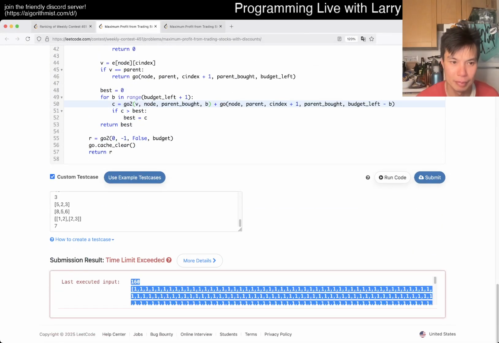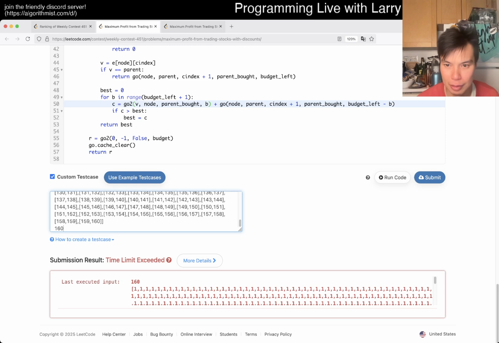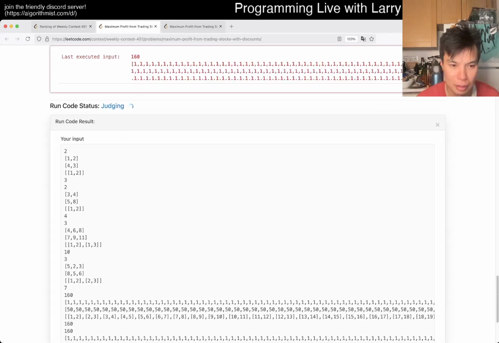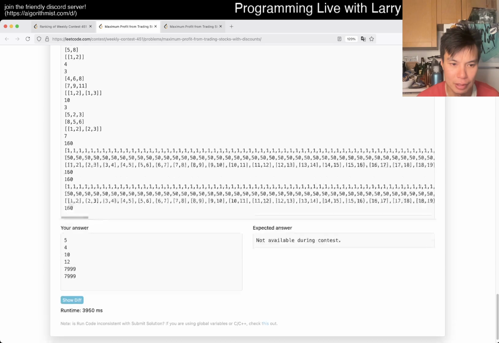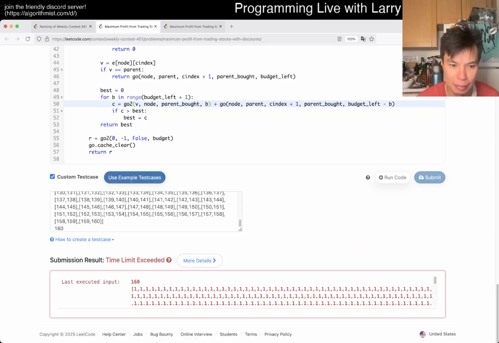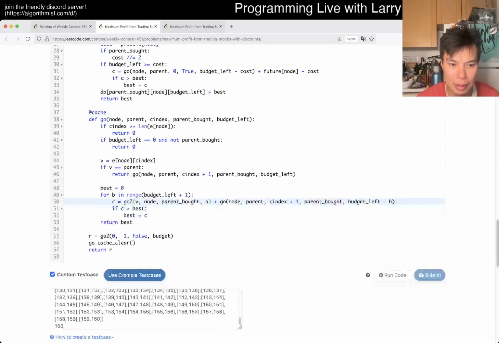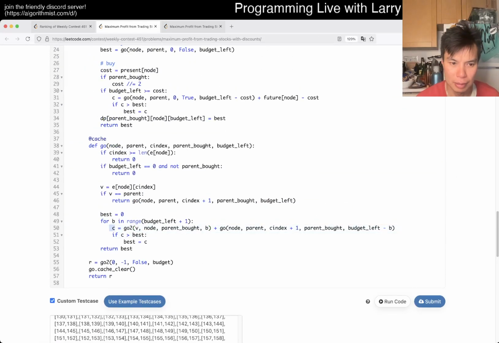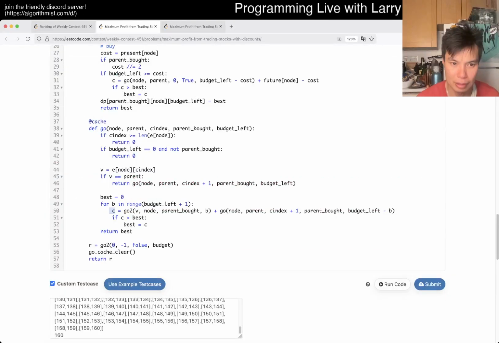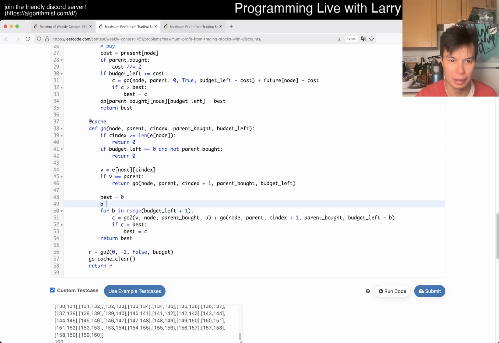Yep. Yeah, so it took like 9 seconds or something. Yeah, 9 seconds this time. But okay. How do we want to optimize it? So let's say we don't have to, so let's say, I don't know, let's say B is equal budget left divided by 2, just for science, is it fast enough?